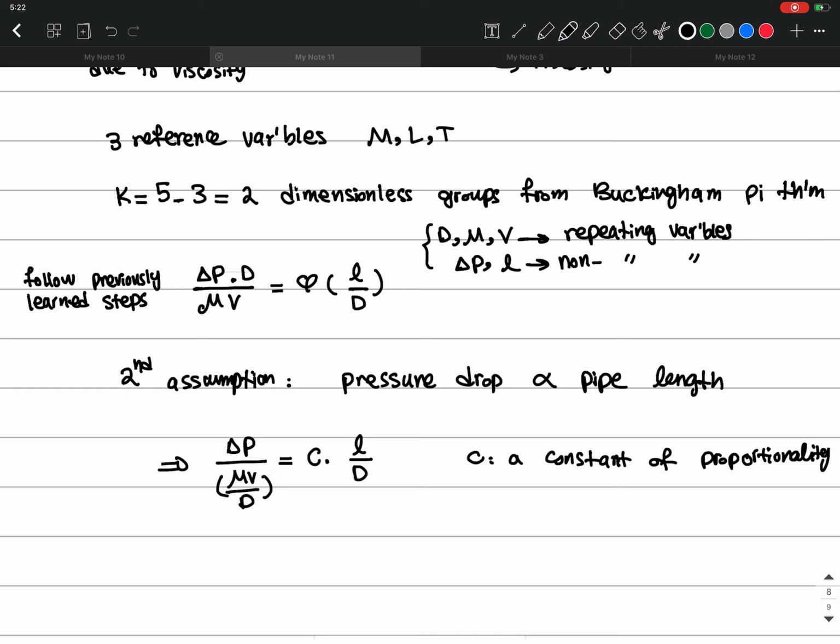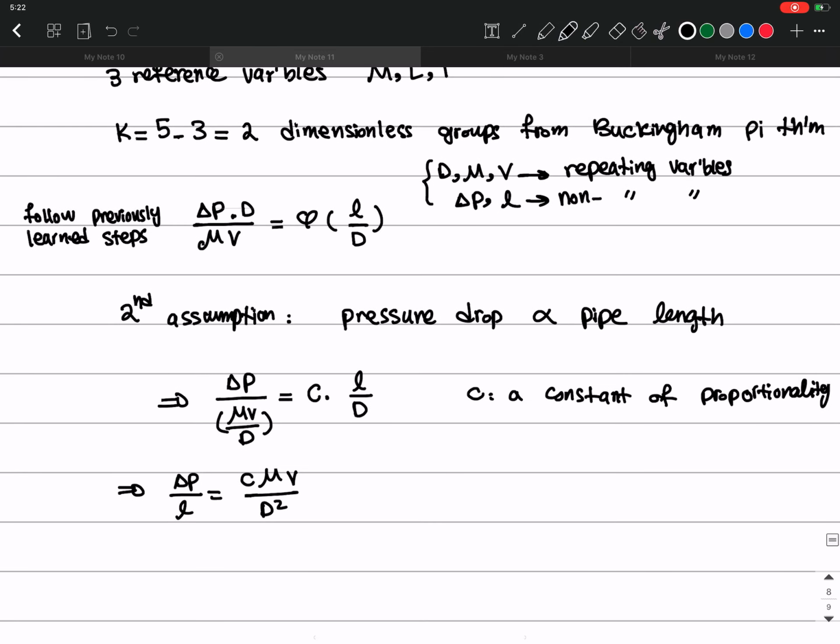Okay, so this gives me that delta P over L is going to be C mu V over D square. Okay, so the pressure drop per length is going to be C mu V over D square. Okay, so now I want to find this C, this constant of proportionality, for a round pipe.